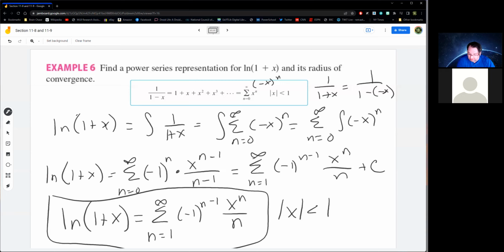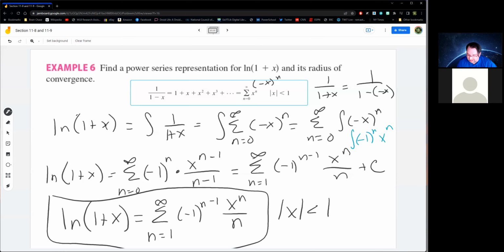The n was in the denominator, because there's a -1 to the nth power here. This is really the integral of -1 to the nth power, x to the nth power.